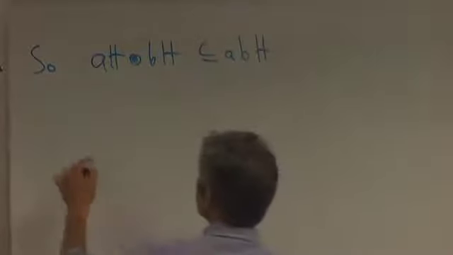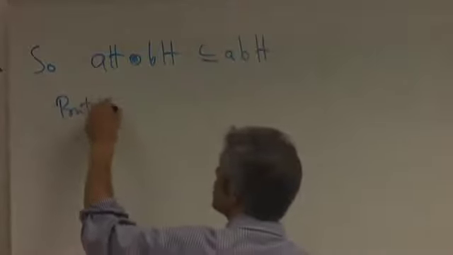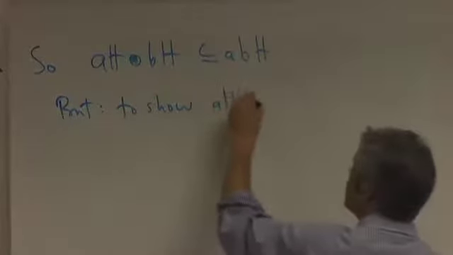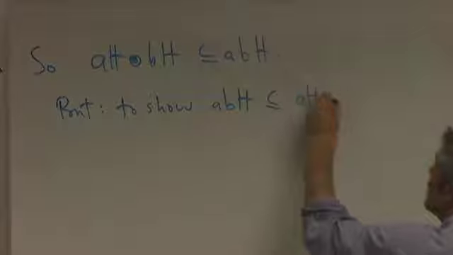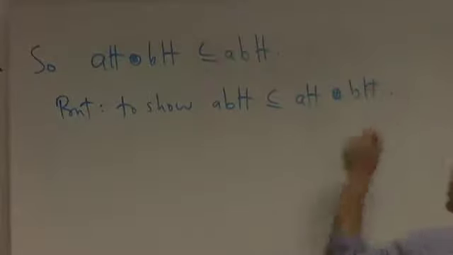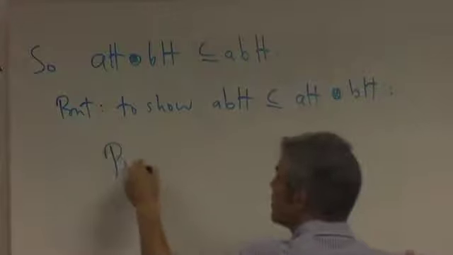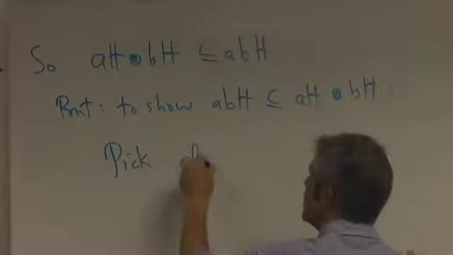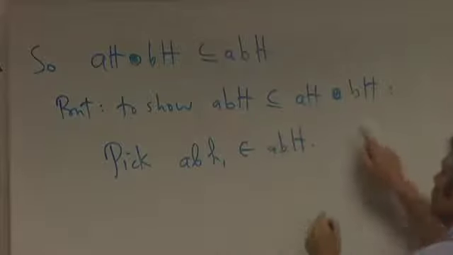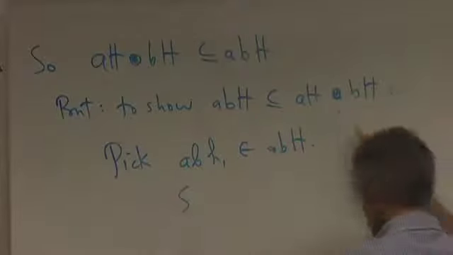For the other direction, to show that ABH is contained in the set product of AH with BH, that's easy to do. Pick something in here. Pick ABH1 in ABH. We have to show that it's in here. And I'll do that just in one step.